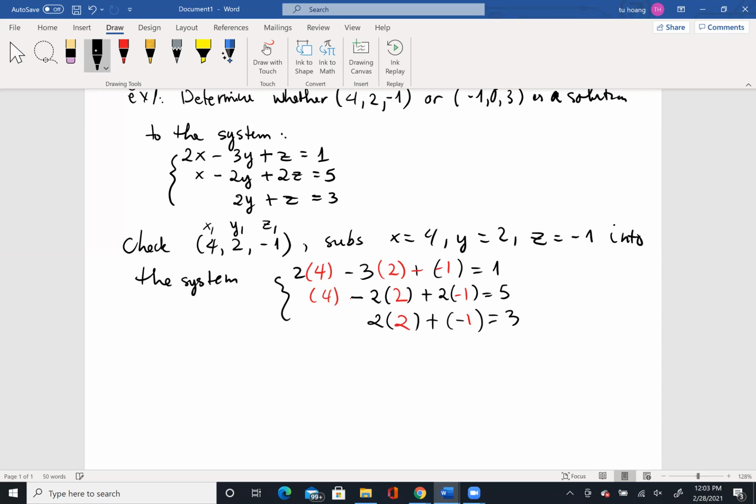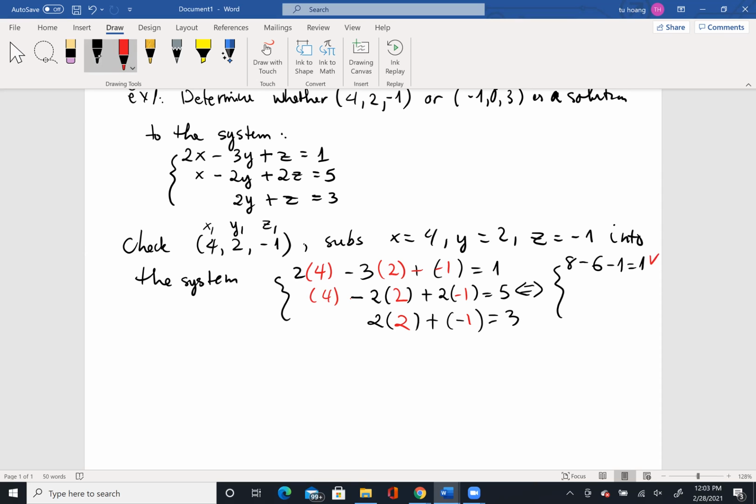Okay, let me simplify each equation. The first equation gives me 8 minus 6 minus 1 equal to 1. Is that true? So yes.